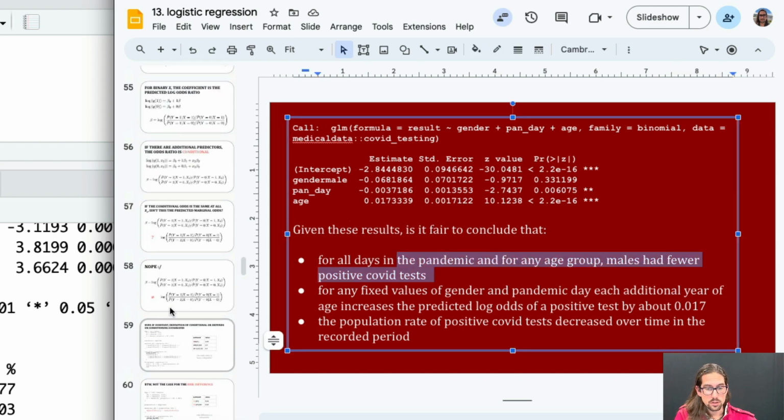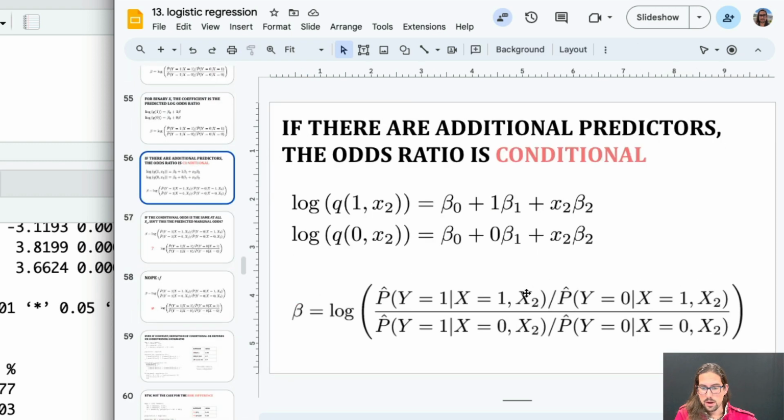So it's conditional. In any bucket of the population, which here is x2, this being negative means that the probability of a COVID test being positive is lower if you're a male than if you're not a male. That's the one interpretation of the coefficient.